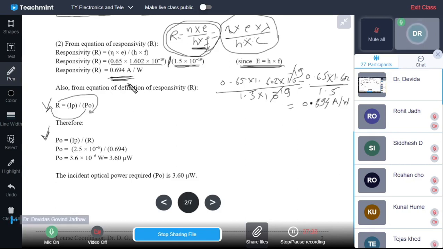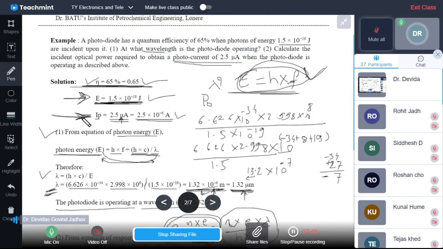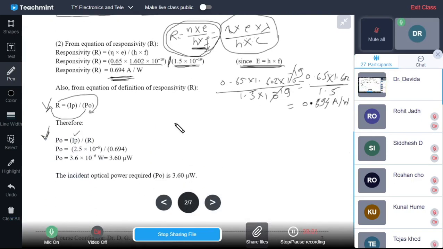Now we know R. We have Ip. R is known, Ip is given. Ip is 2.5 microampere, which is 2.5 into 10 raised to minus 6 ampere. So R is there for this equation of Po.